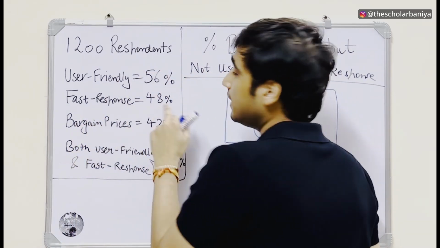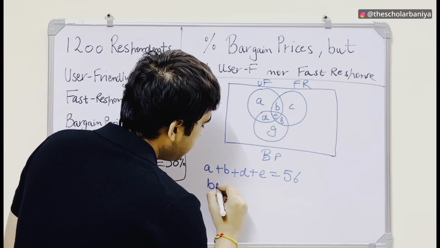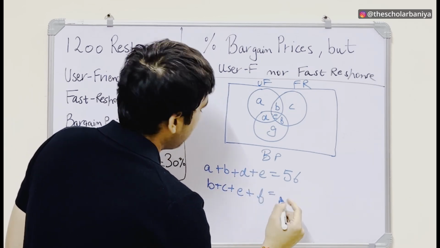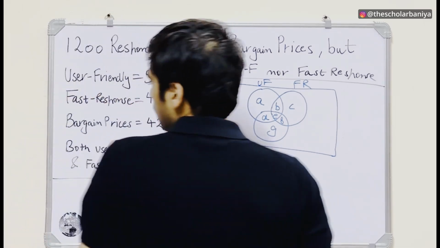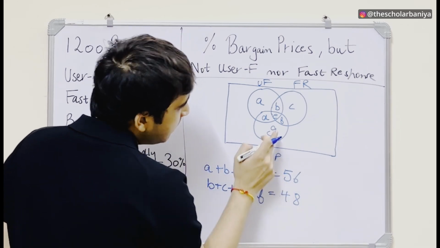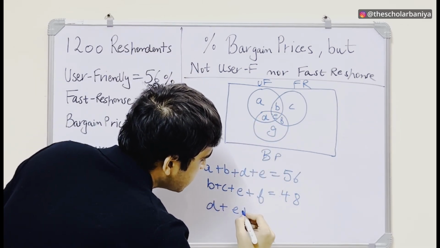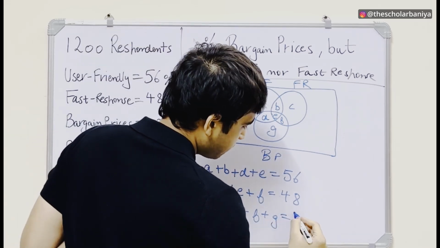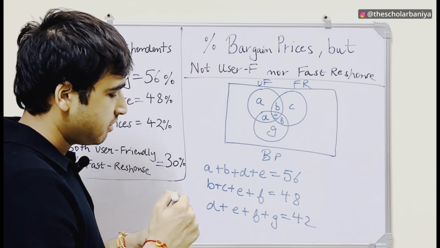Fast response is 48%. That is the second circle, B plus C plus E plus F, which is 48. Bargain price is 42%. It is the third circle, D plus E plus F plus G, which is 42.